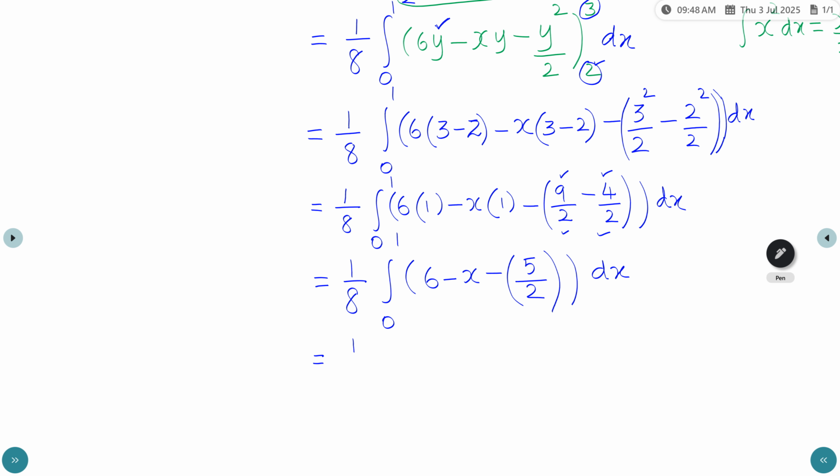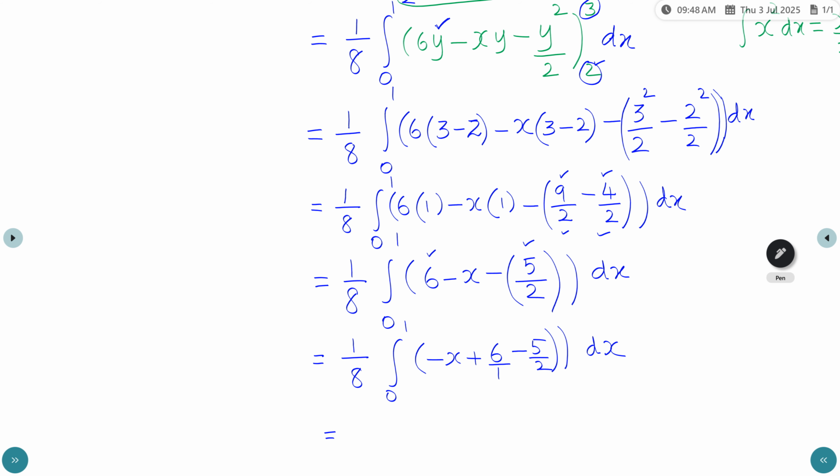This 1/8, integral over 0 to 1. Consider these two constant values together: minus x plus 6 minus 5 by 2, dx.